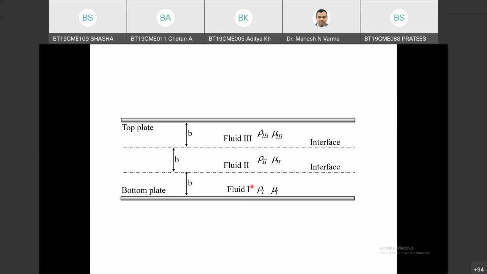Velocity will be the same at the interface between fluid 1 and fluid 2, and between fluid 2 and fluid 3. So 6 boundary conditions are there, and the problem can be solved.